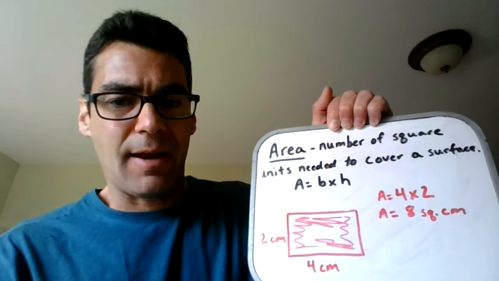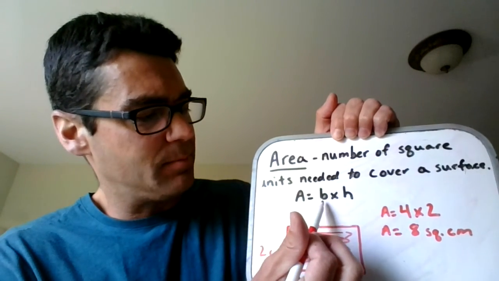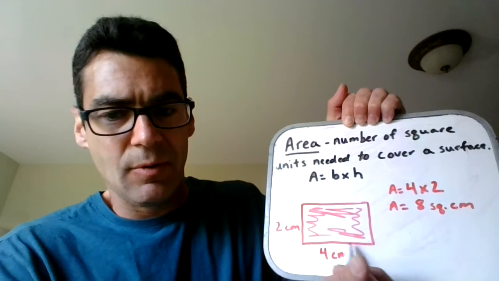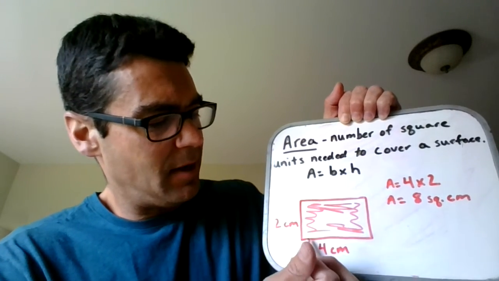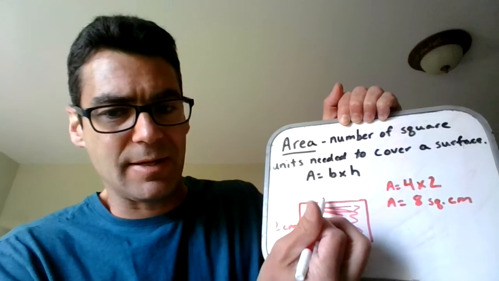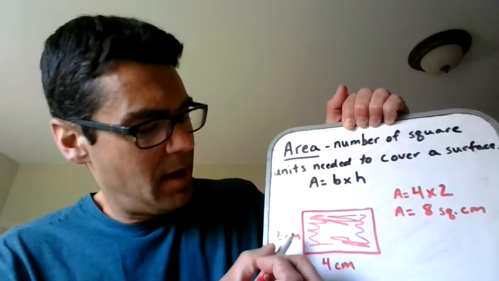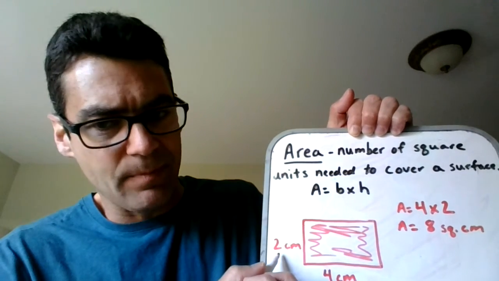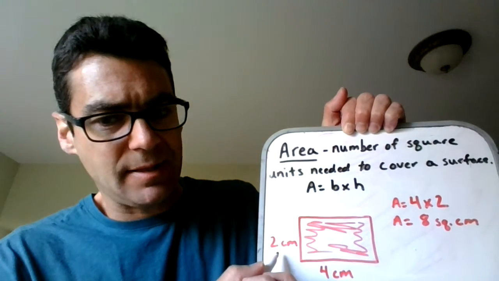And the way you find that out is area equals base times height. Now your base would be this here, or even this, because we know in a rectangle the opposite sides are equal. And your height is going to be this one right here, so 2. So the area equals base times height.